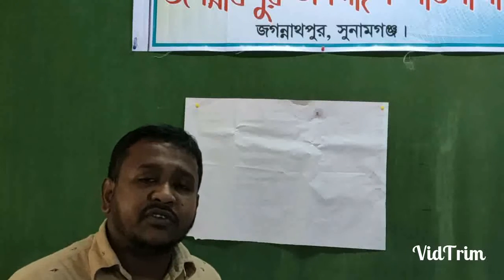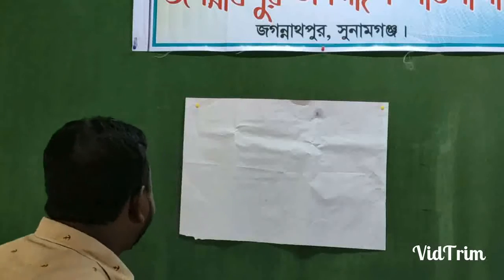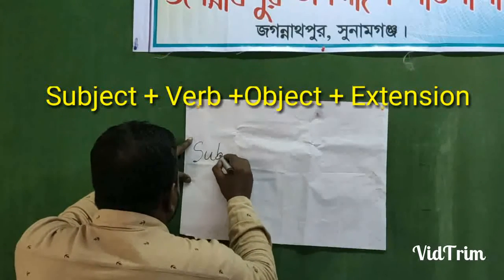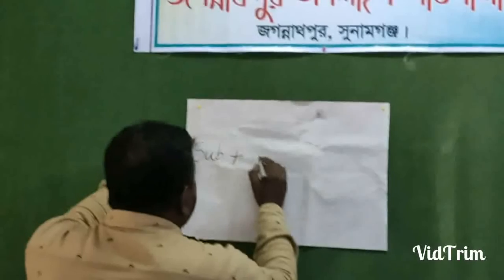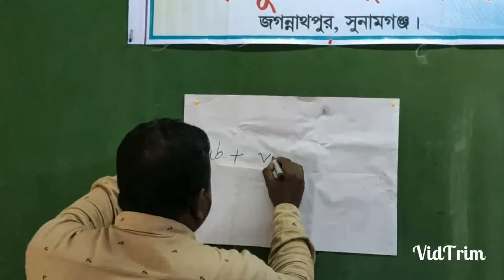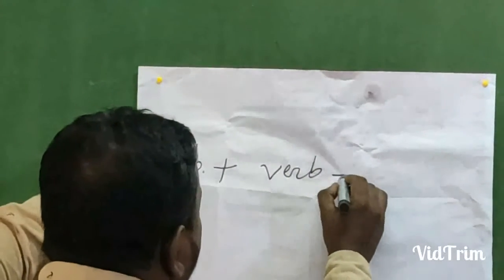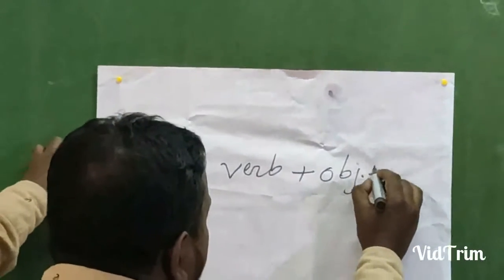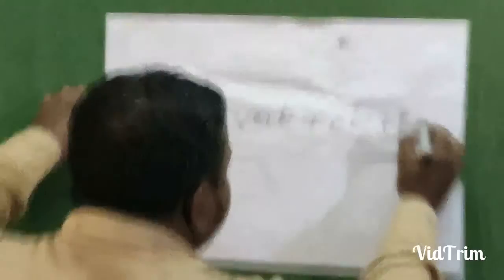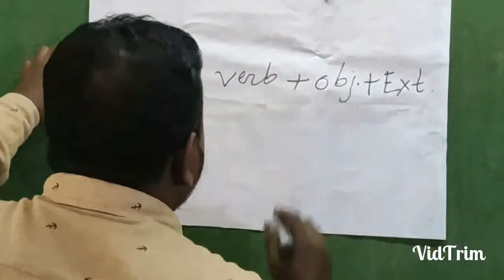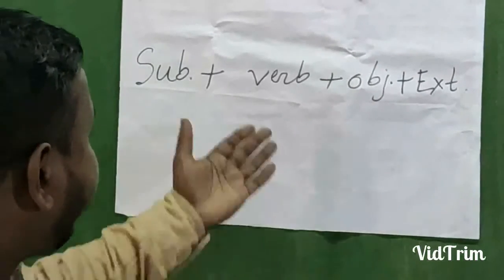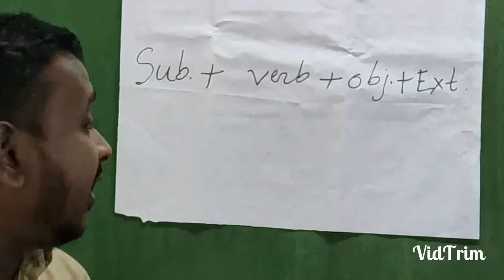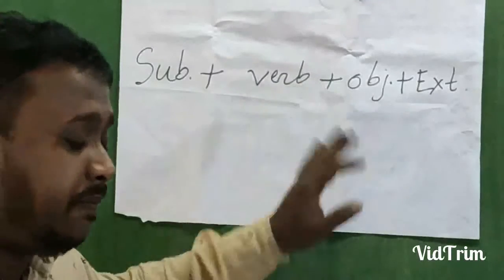So a statement position sentence structure is subject plus verb plus object plus extension. This is the structure of a statement sentence, and all the sentences given to make WH questions are in this form.